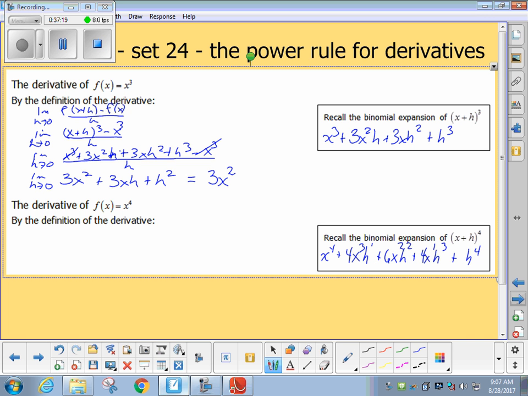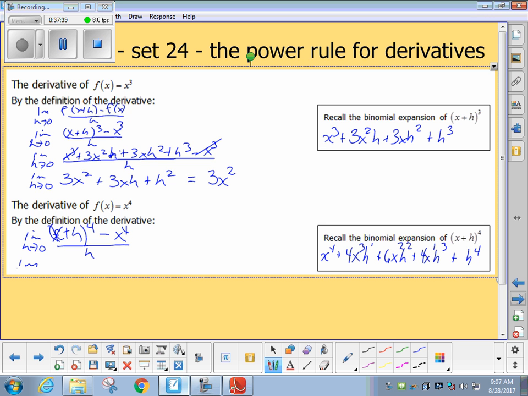Notice that the fourth power has 5 terms, the third power has 4 terms, and so on. So, I'm skipping writing the definition this time, and I'm going to go straight to x plus h to the fourth minus x to the fourth over h, yeah?